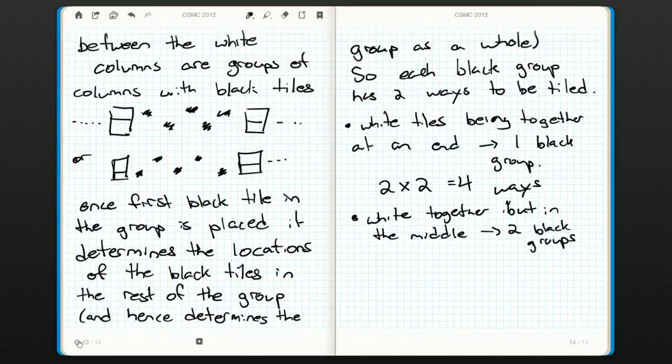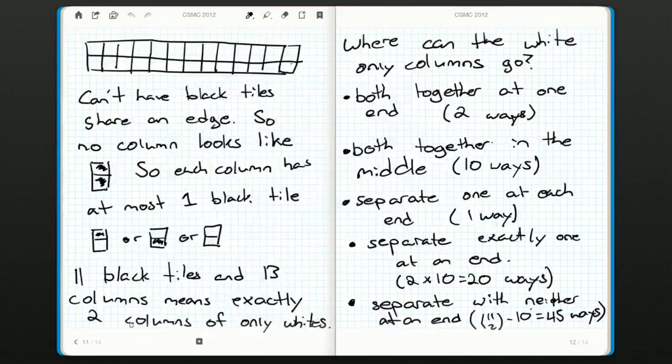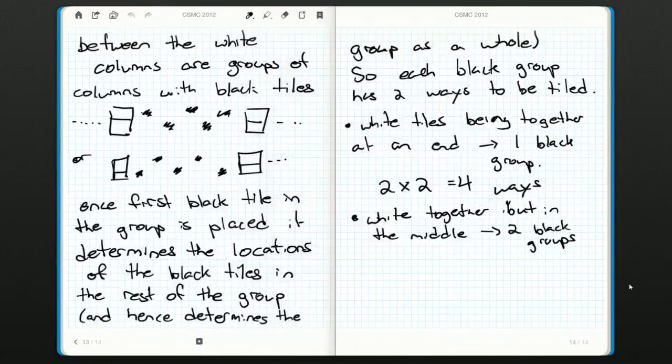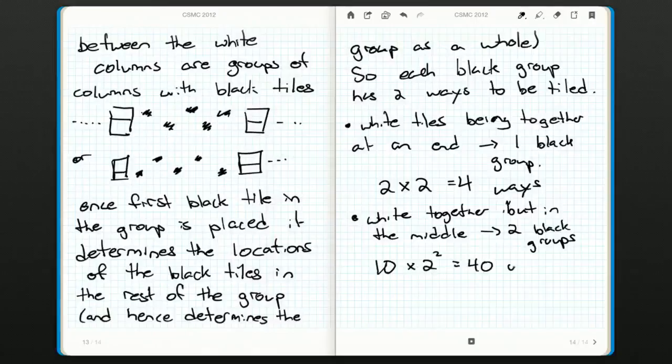Let's just double check how many ways were there to get the white tiles in the middle. 10 ways. Okay, so that's 10 times 2 for each black group, so 2 to the 2. So there's 40 ways to tile this situation.